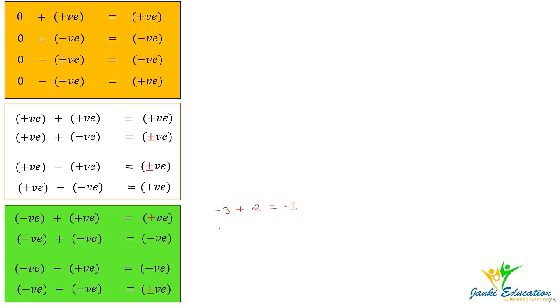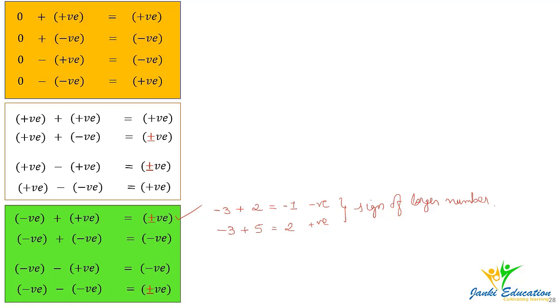But at the same time, if I take minus 3 plus 5, 5 minus 3 is 2. So here I will get a positive number. Here negative, here positive. Again you can say the sign of the larger number. Clear? Fine. This part.